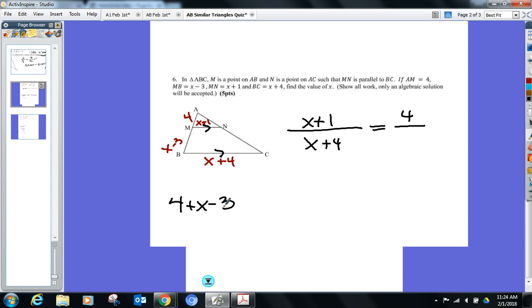Why are you plugging that into your ratio when you have no idea what to do with it? Can you please simplify that tomorrow before you put it in your ratio? Because I didn't see one person who put it in here who knew what to do with it. All right? Simplify it. What's that simplify down to? X plus 1. There you go. Done.